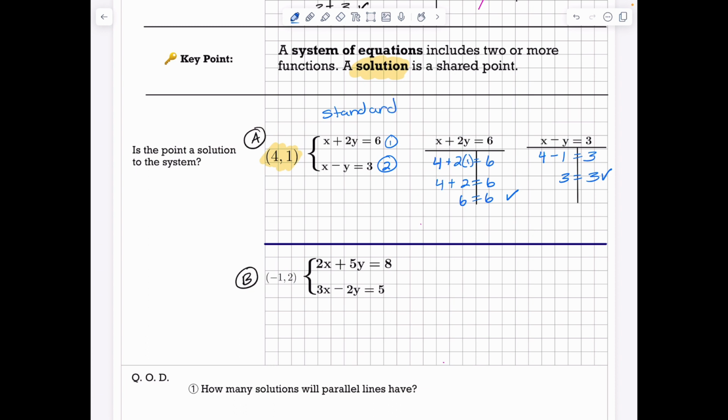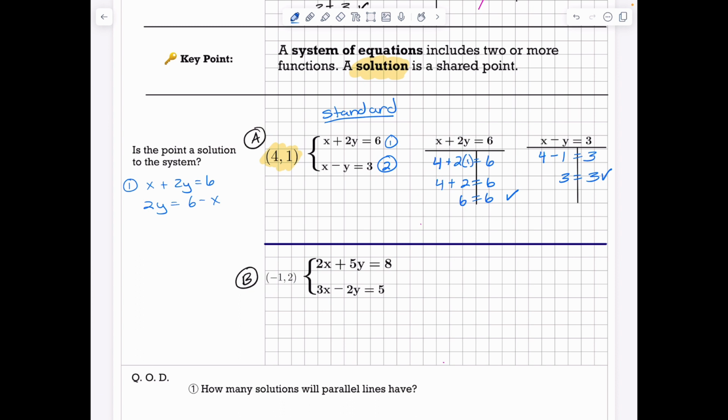How do we get to slope-intercept form? Well, we know this. We know that we have to solve for y. So I'm going to take that first line over here in the margin and solve it for y. I subtract x from both sides.